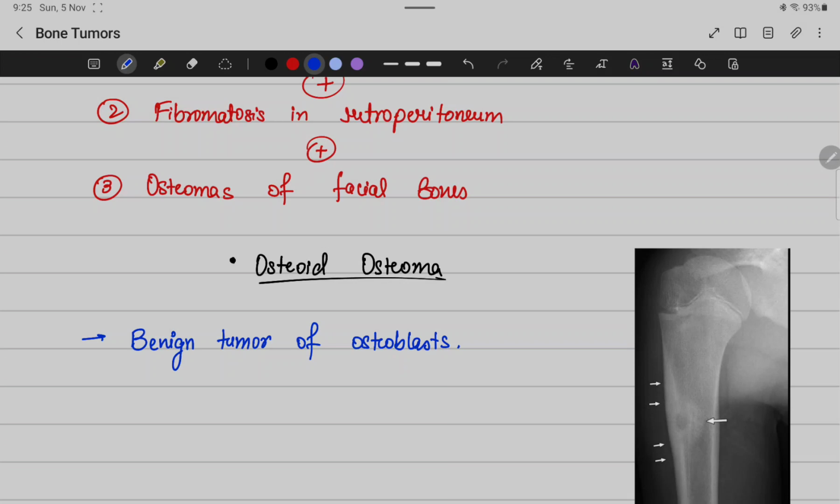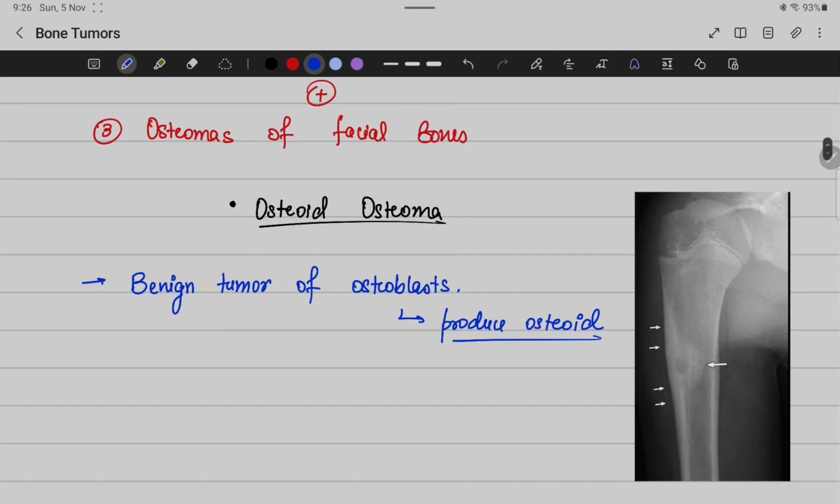Right. Now I have already told you osteoblasts produce osteoid. Now when this tumorous osteoid is formed, there is reactive bone growth surrounding this osteoid. So it has kind of this rim of reactive bone around it, with a rim of reactive bone surrounding it.